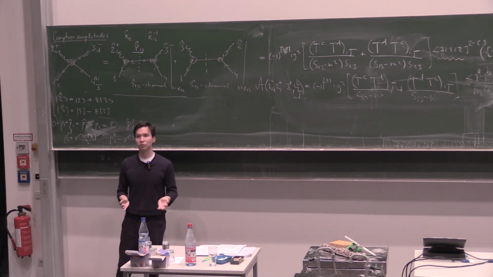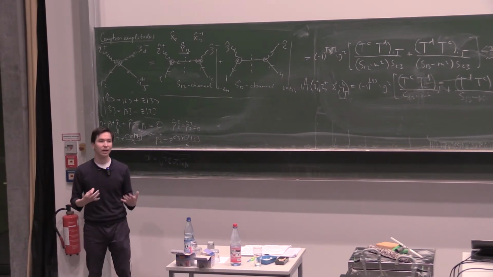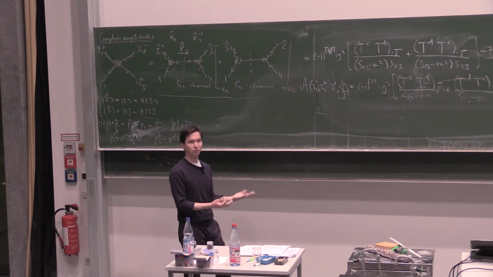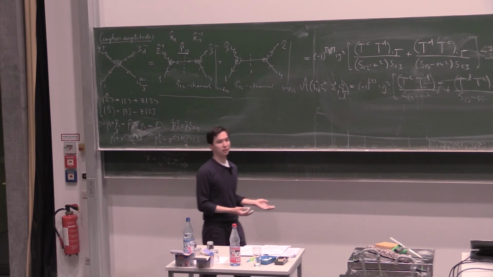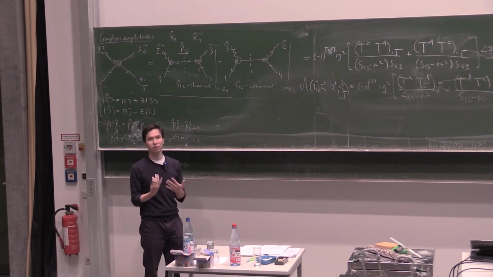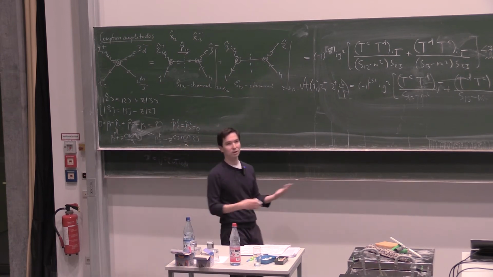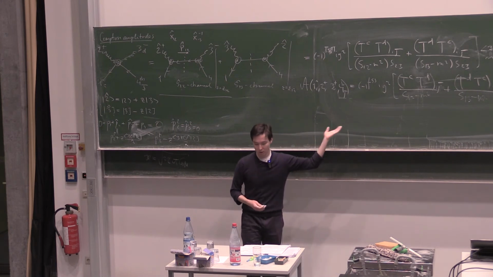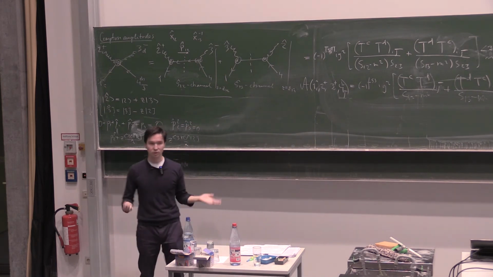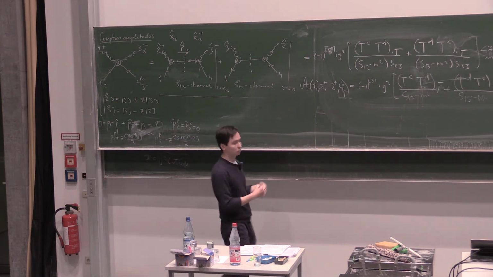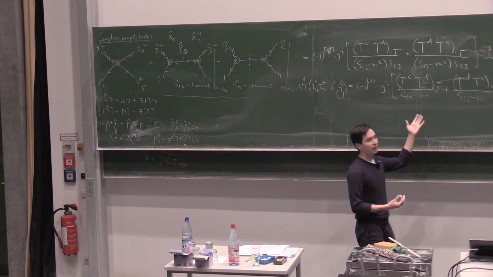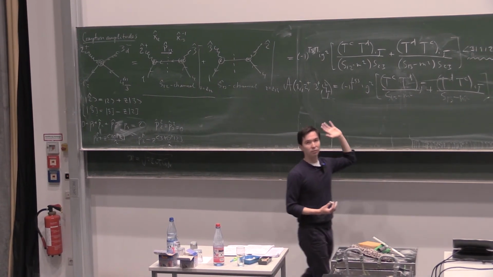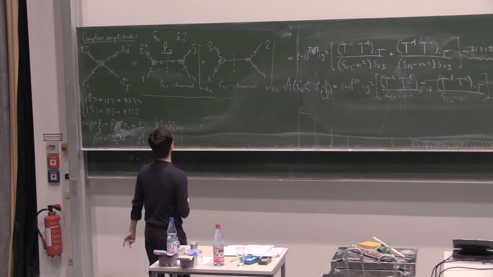I'm sure that most of you have seen BCFW recursion used in the color ordered setting, but those are orthogonal operations. One is color, the other one is just using kinematic relations, kinematic shifts, and computing. So, of course, I am allowed to do that fully color dressed, which I did in front of you.